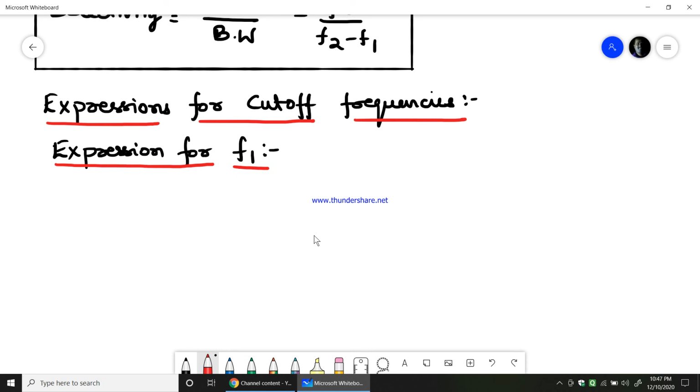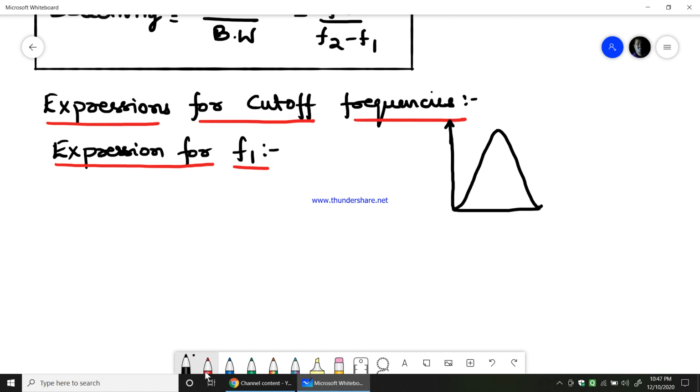Expression for F1. Normally the curve I have already written earlier, so I'll just rewrite it with all the terminologies.